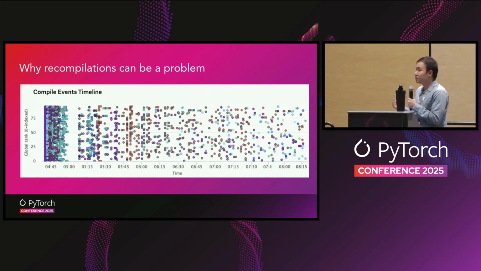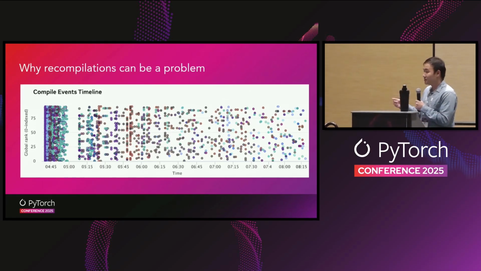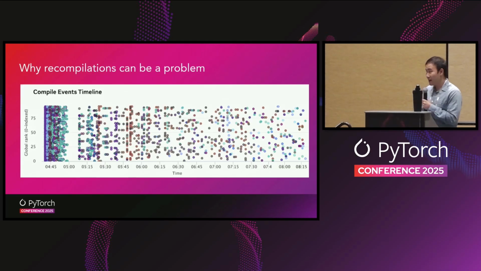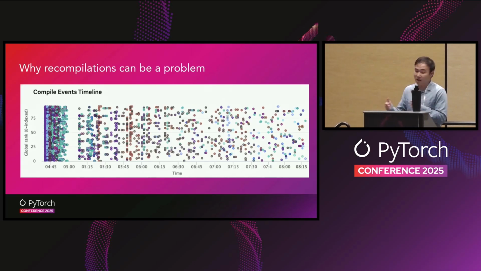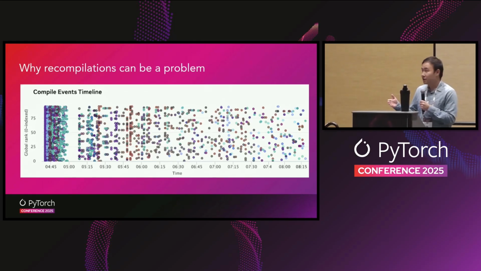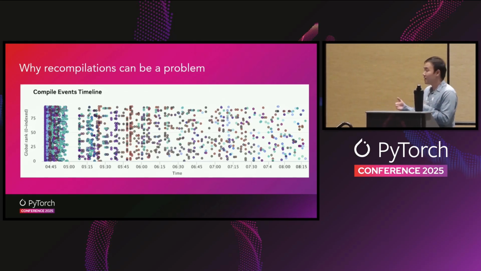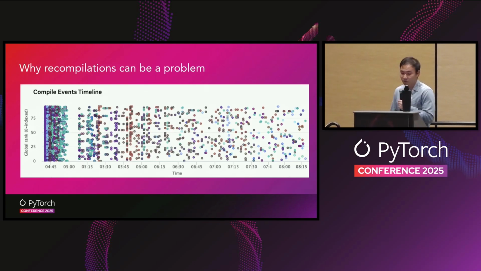And so you can imagine if you have 100 GPUs and one of them recompiles, the other 99 have to wait for that single GPU to finish recompiling. And this can tank your performance. And worse, if your graph is sufficiently large, it can take more than 10 minutes, and you might actually hit NCCL timeouts, which will completely crash your job and cause some reliability problems for you.